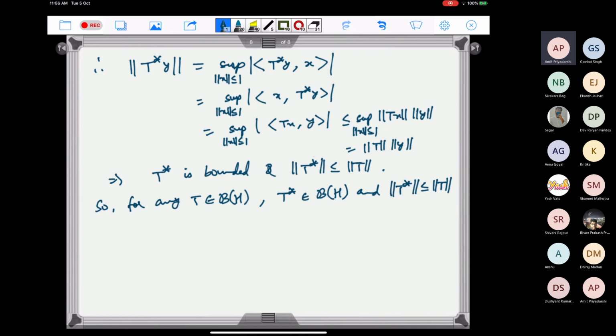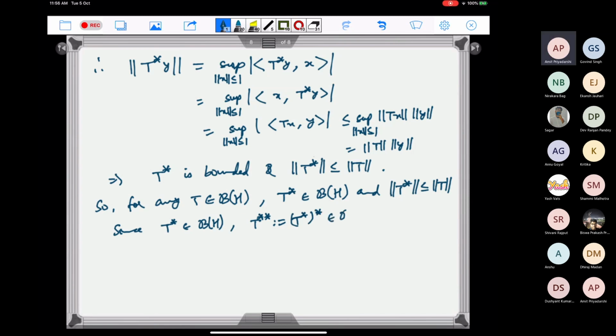For that, let's look at what is the adjoint of T star. Since T star is in B of H, we can talk about the adjoint of T star also. Since T star belongs to B of H, T star star, this is just the adjoint of T star.